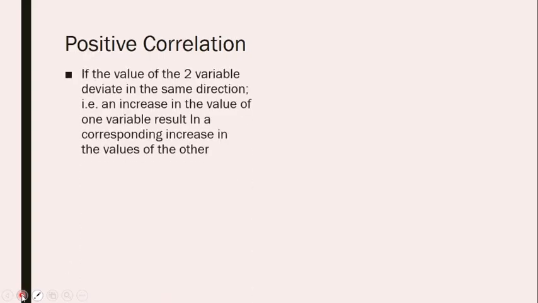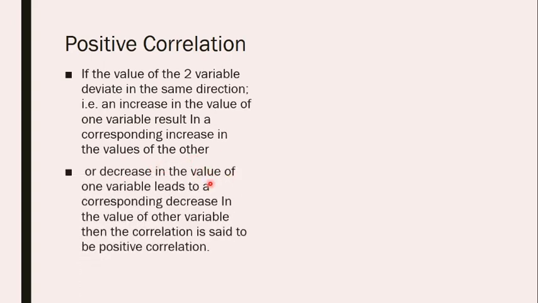Positive correlation. If the values of the two variables deviate in the same direction, that is, an increase in the value of one variable results in a corresponding increase in the value of the other, then it is said to be positively correlated. Similarly, if a decrease in the value of one variable leads to a corresponding decrease in the value of the other variable, then the correlation is also said to be positive.